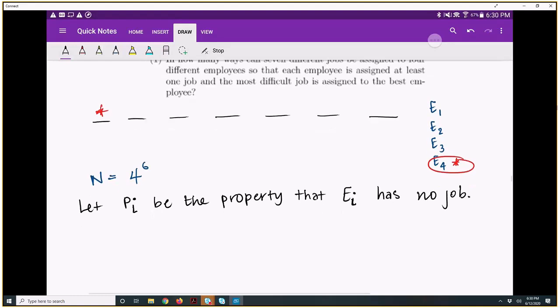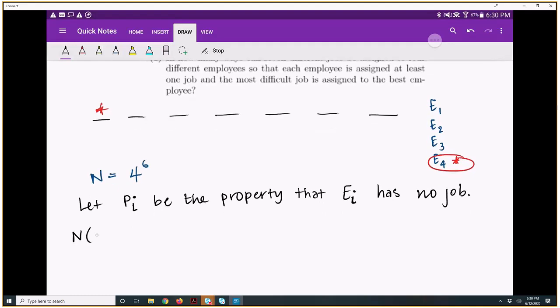So now I want to say, what is N of P1? So how many ways can it be that employee 1 ends up not having been assigned a job? Well, if that were to be true, then these 6 jobs would all be assigned to the other 3 employees. So instead of 4 to the 6, there will be 3 to the 6 ways that this can happen, for the exact same reason.